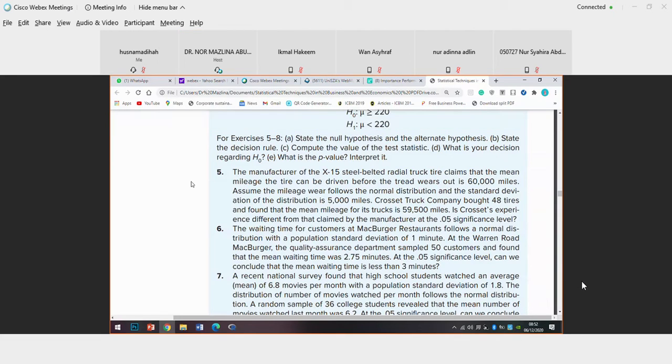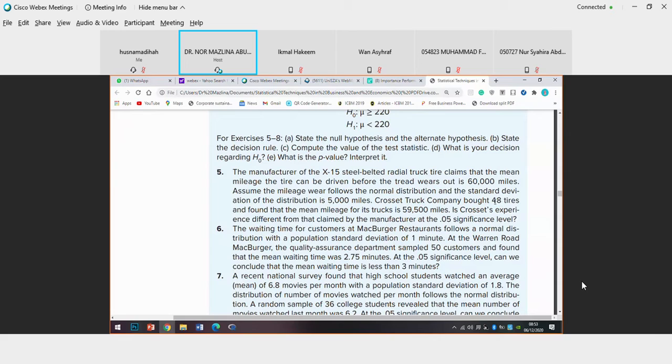Ke tak marah? Kata 60,000, tengok-tengok 59,500 dah tak boleh guna. Macam mana? Marah-marah. Marah lah kan? Okay, marah. Memang marah.